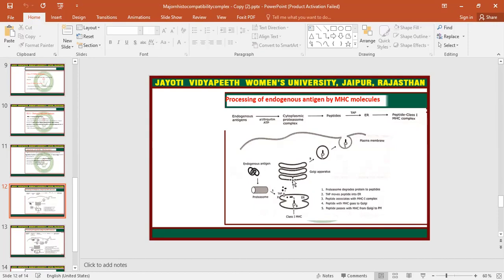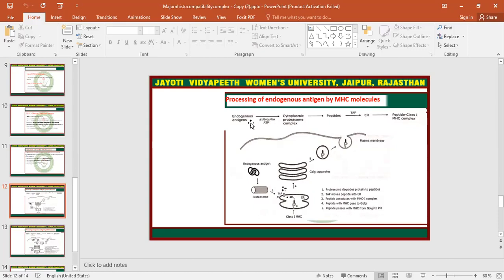After that, the Golgi body will make a complex structure of this MHC molecule and form a vesicle. Then this MHC molecule will be transferred outside the cell, and will present this antigen to the cytotoxic cells on the surface of this antigen presenting cell.